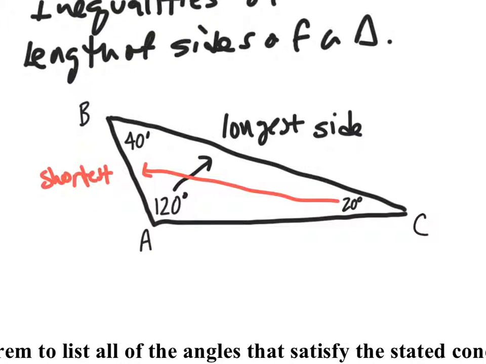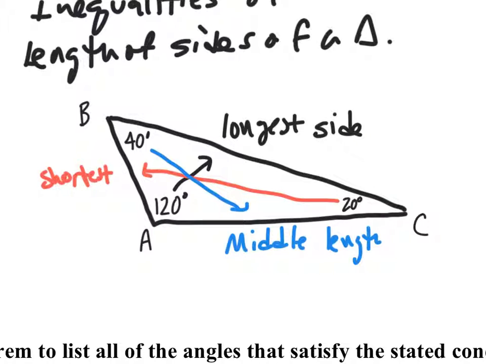Angle B is my middle measure angle, and that is across from the middle length. And that's going to be true for all of them.